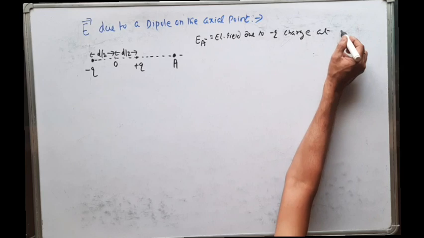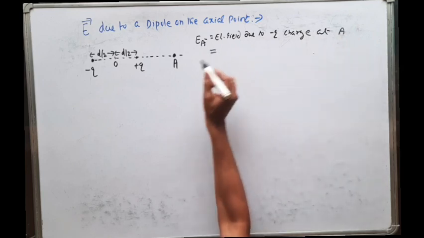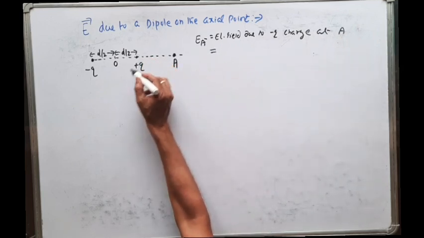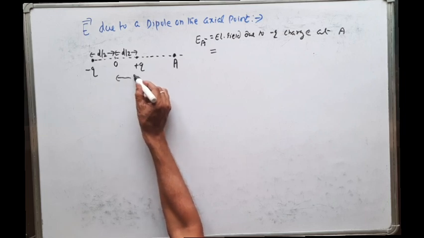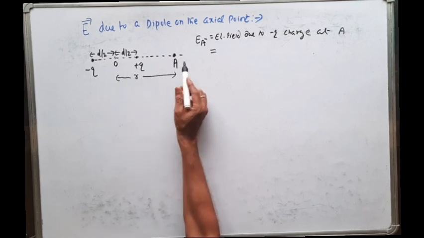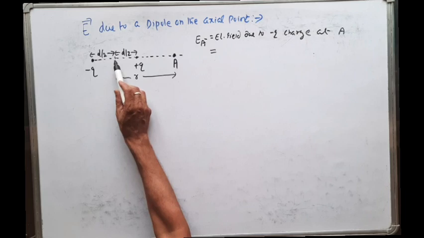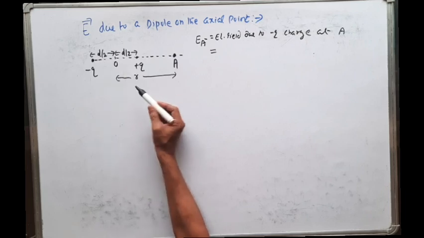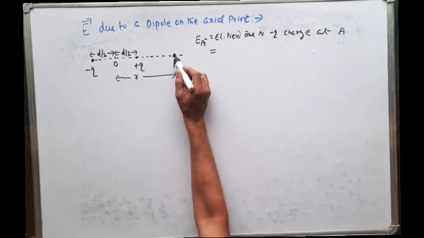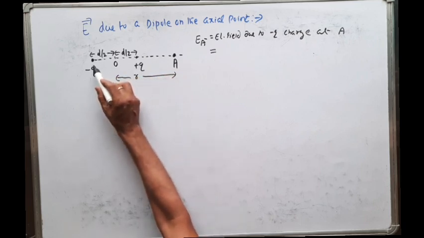At point A, suppose this point A is at r distance from the center of the dipole. This distance AO is r. So what is the electric field intensity at A due to minus q charge?